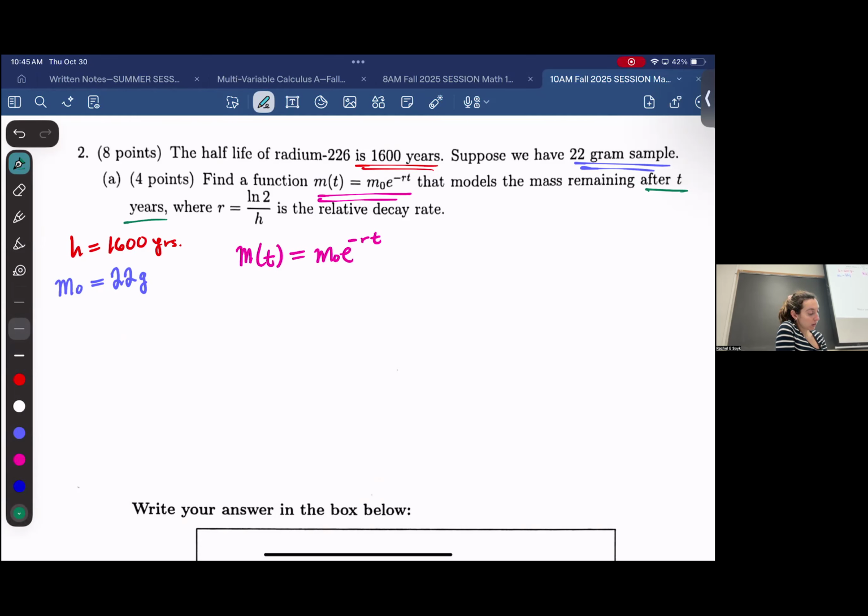And they also give us that our relative decay rate is just ln of 2 over h. We're decaying. Half-life is decaying, so that's why we have that negative in our exponent. So our r, if we plug in our 1600 for h, we just get ln of 2 divided by 1600.